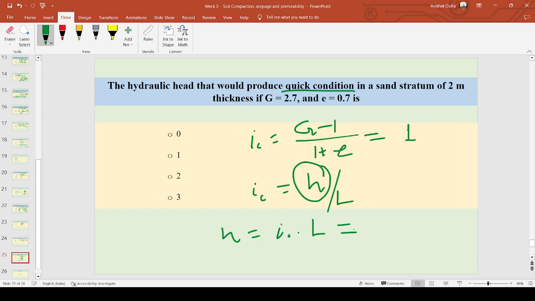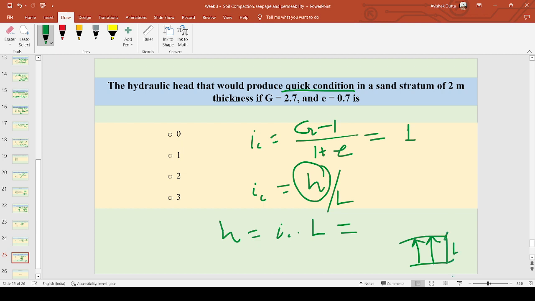L is the length of traverse of the water. What is the length of traverse? The length of traverse is the thickness of the soil sample. Why? Because if this is the thickness, then the water has to go like this. Seepage in upward direction has to occur for quick condition to take place. So this is the length of traverse.